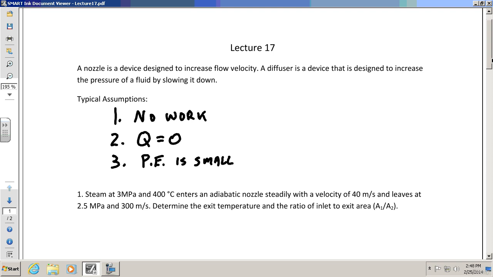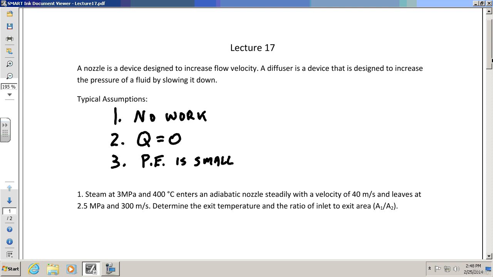You can't ignore kinetic energy in a nozzle or a diffuser. But the potential energy is typically small. And so those are some important property relationships that we're going to look at when we analyze nozzles and diffusers.